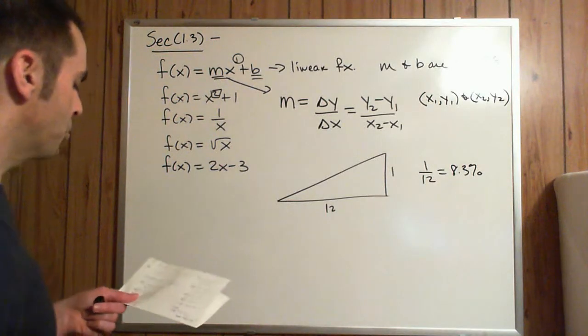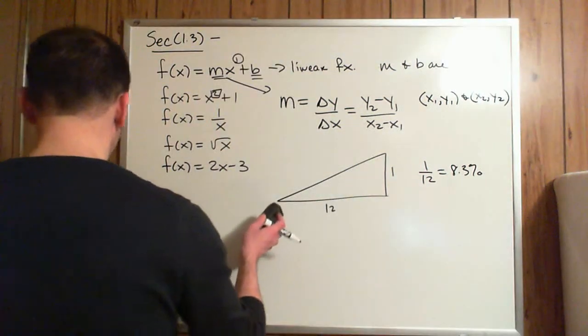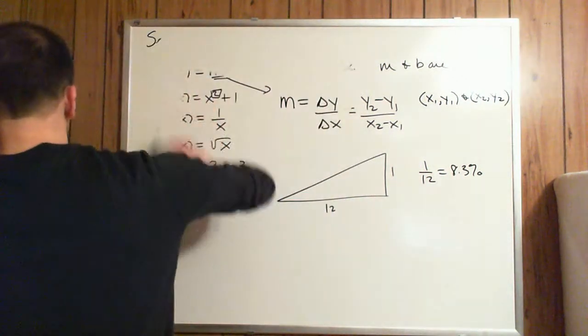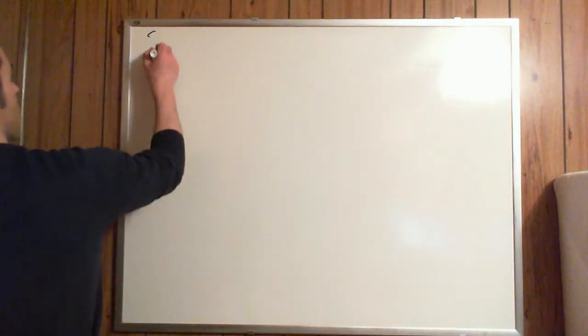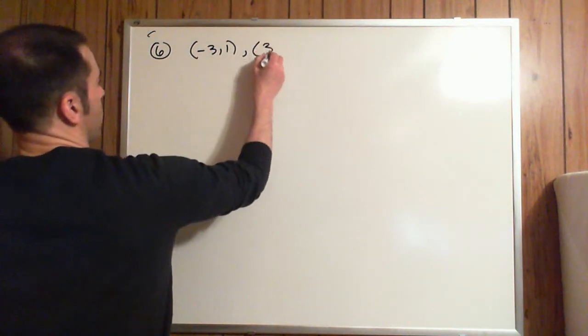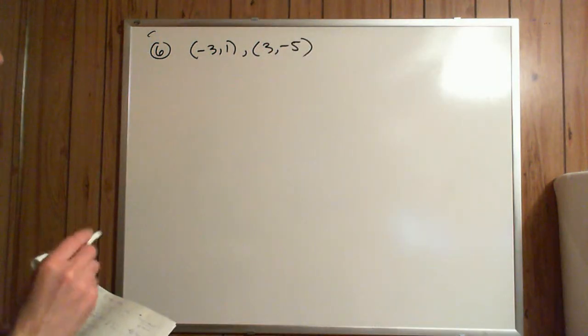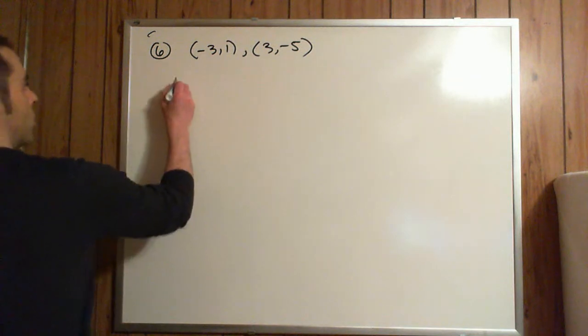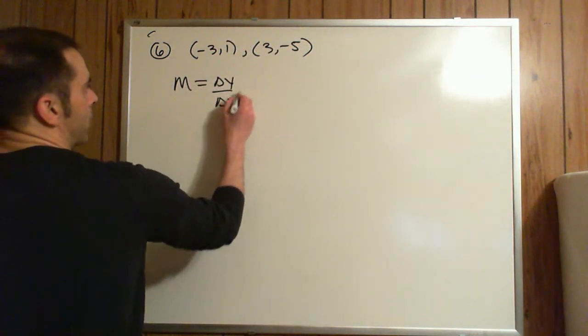Okay, so let's do some examples pertaining to finding the slope of a line. If you look in section 1.3, number 6, for example. Given these 2 points, -3, 1, and 3, -5, we're to find the slope of a line passing through these 2 points. So the slope is m equals the change in y's over the change in x's.